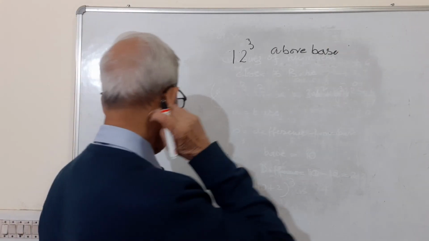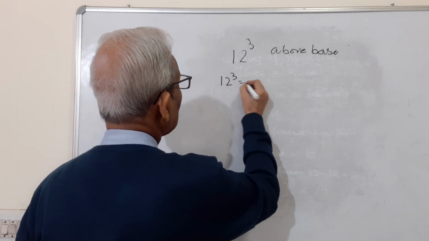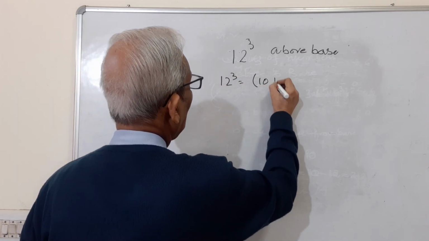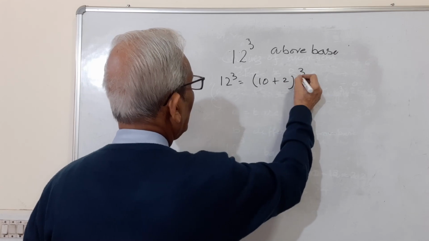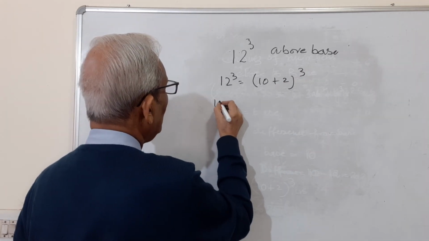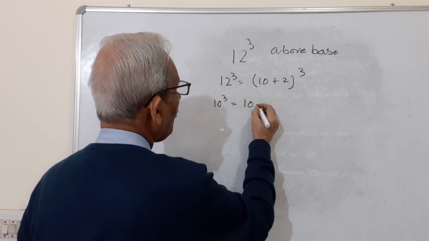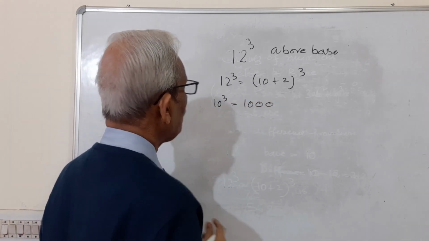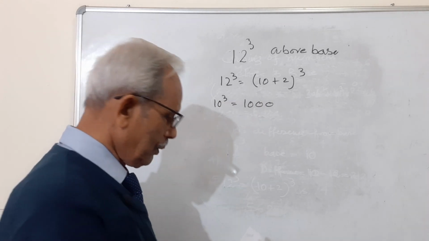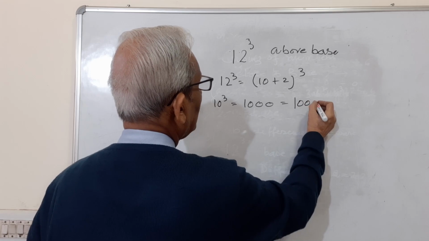Now let us find the cube of it. 12 cube can be written as 10 plus 2 whole cube, and now use the formula. It's as simple as that. 10 cube is equal to 1000.